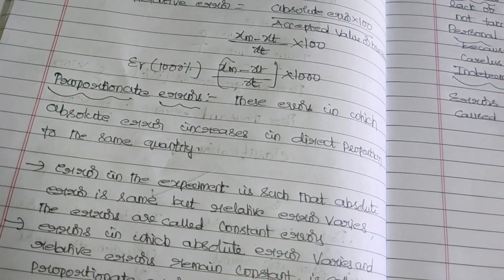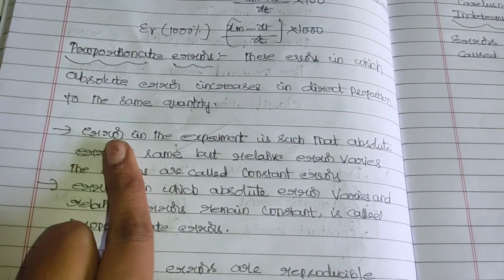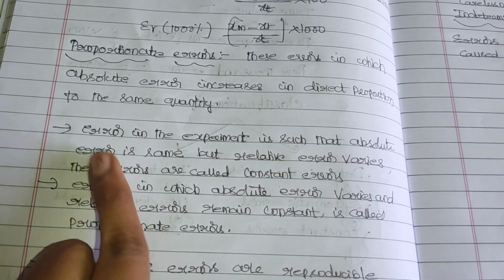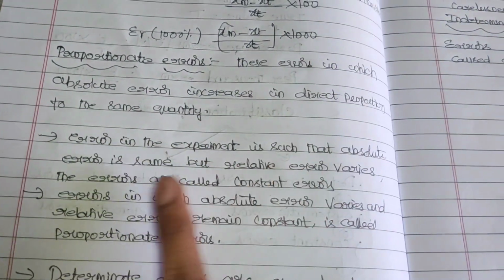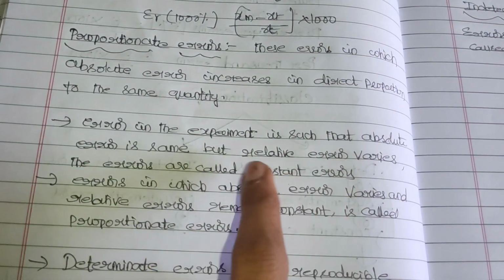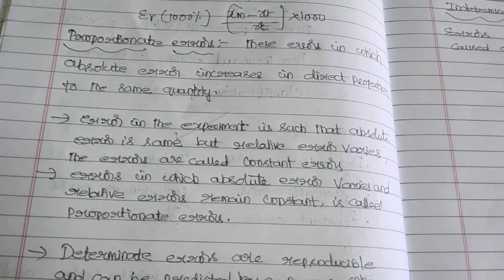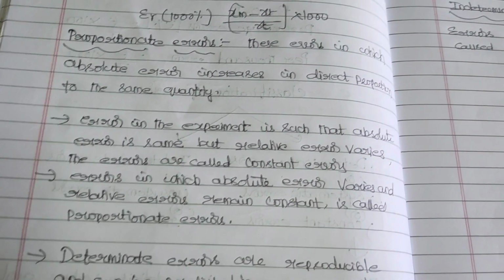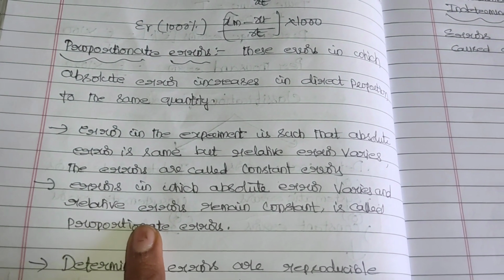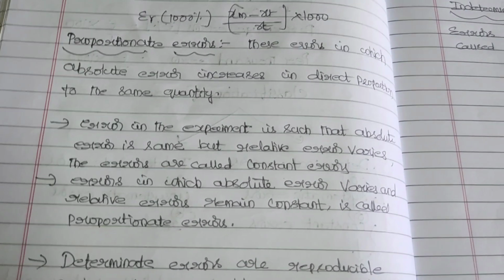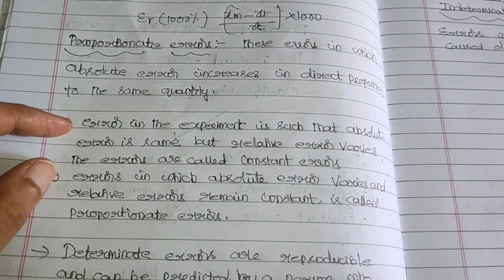It increases or decreases with the quantity. In constant errors, absolute error is the same because it does not depend on the quantity, but relative error changes. Whereas in proportionate errors, absolute error changes and relative error is the same. They are called proportionate errors.